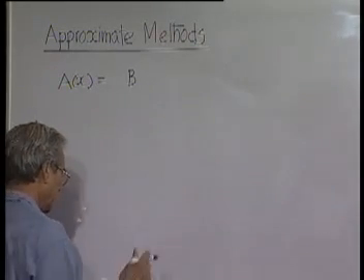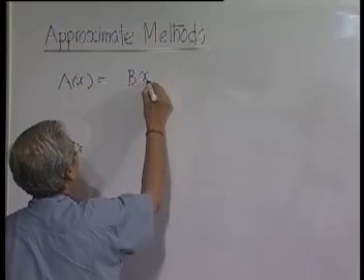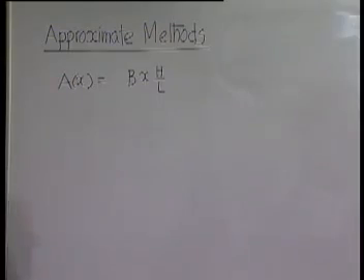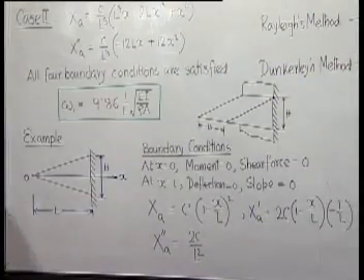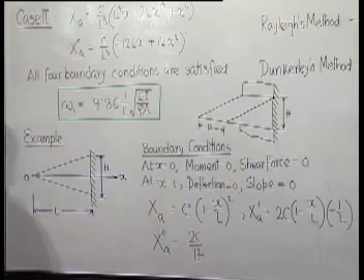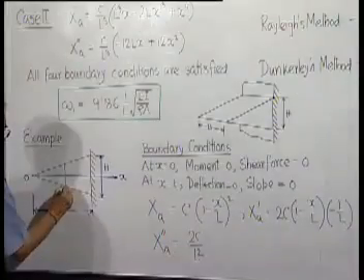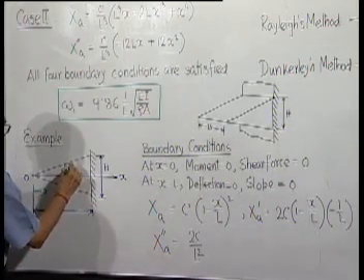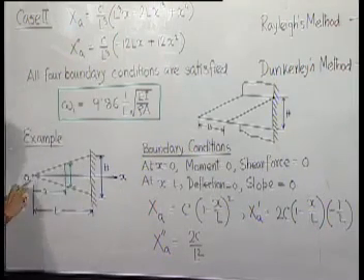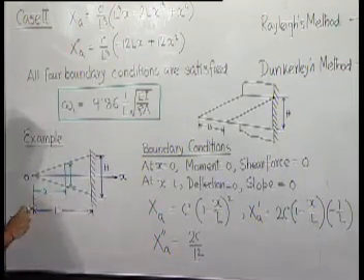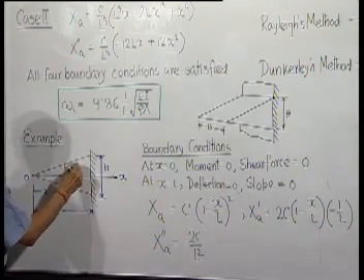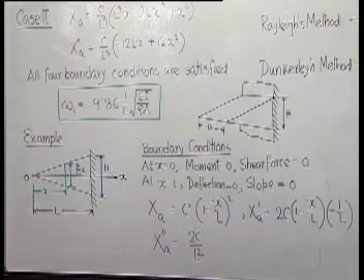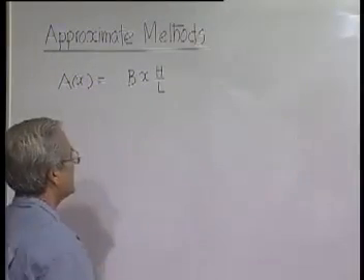Depth will be x into h by L. That means if we go here, this will be linear. At x is equal to L, depth is h. So at x is equal to x, this will be h by L into x. And if the width is B, then we just multiply by B. So this is the cross-sectional area.